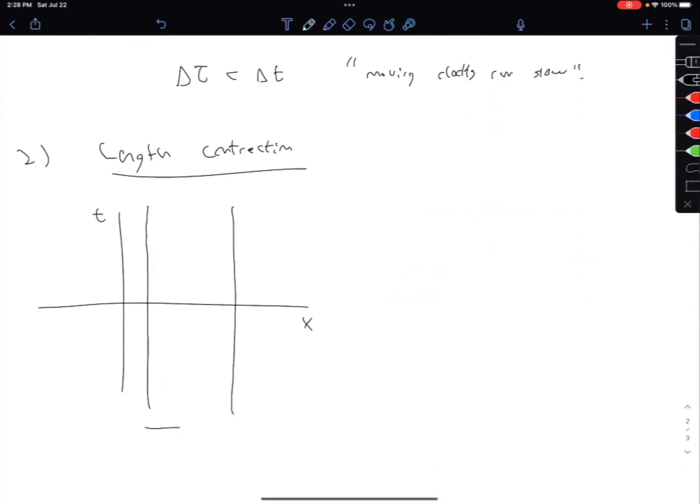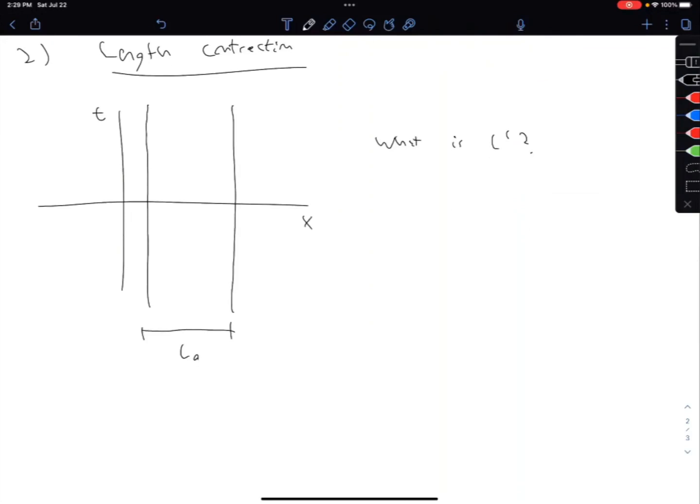And then this separation here is L, and I'll call it L naught. By L naught, I mean the length as measured in the frame where the stick is motionless, okay? So now we can ask ourselves, what is L prime? That is, if I have another frame that is moving relative to this one, what length do they measure?